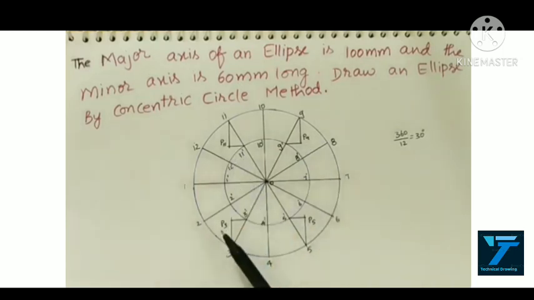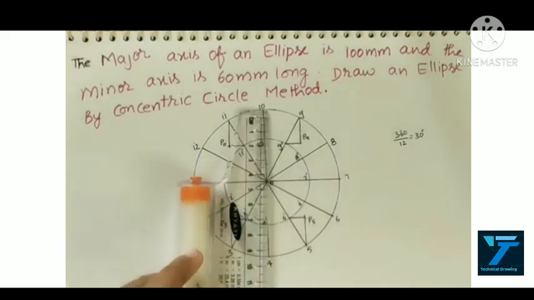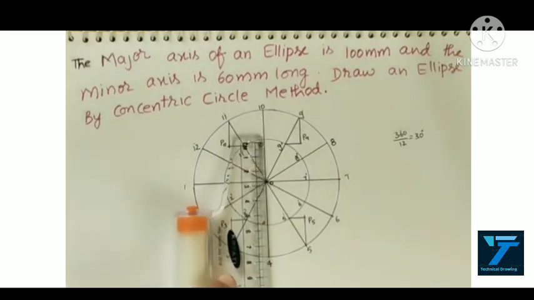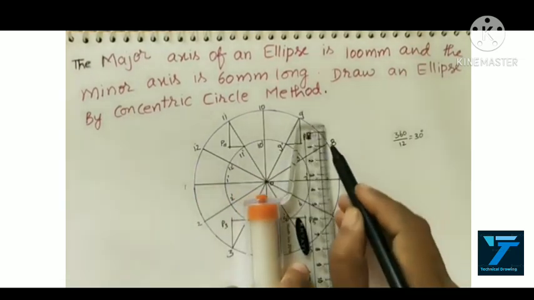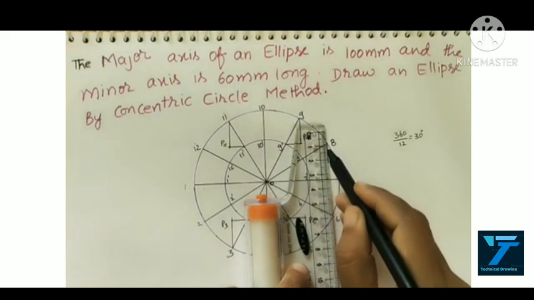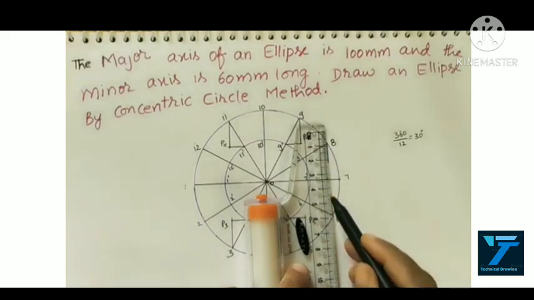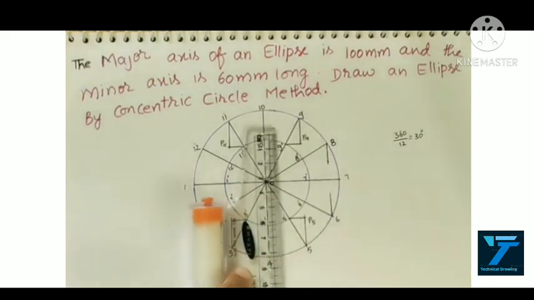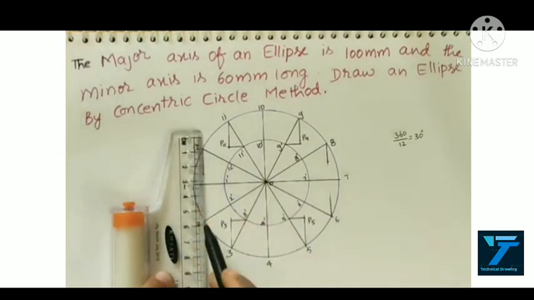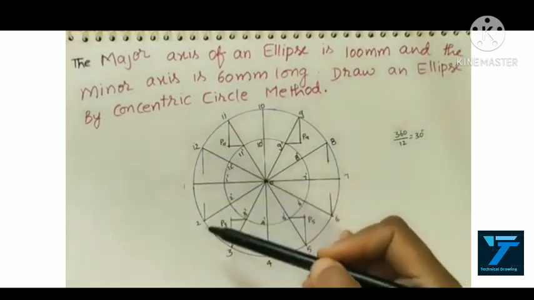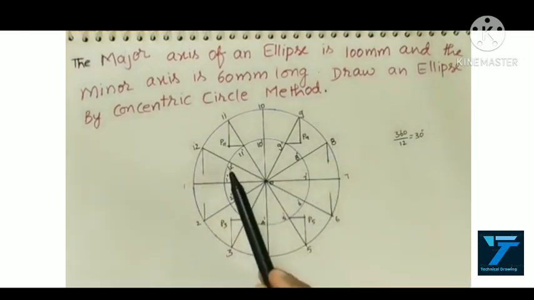Similarly, for getting the P points, draw the vertical lines from the remaining outer points. Take this as the reference. Move the scale. At 8 draw the vertical line, at 6 also, then at 12, and at 2 also draw the vertical line. After drawing the vertical lines at outer points, draw horizontal lines from the inner points.